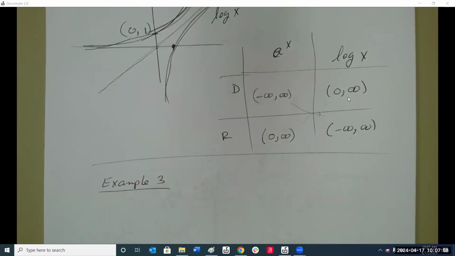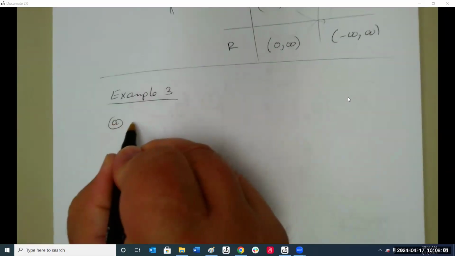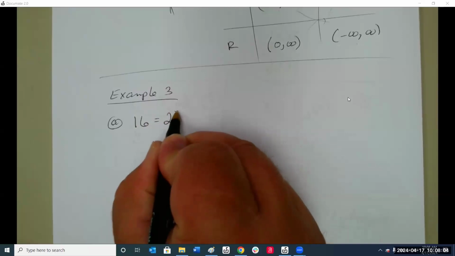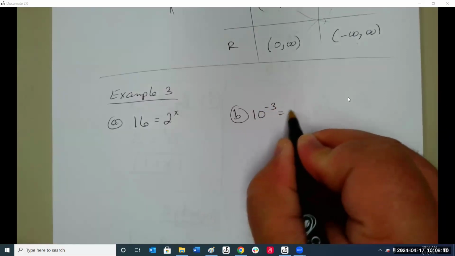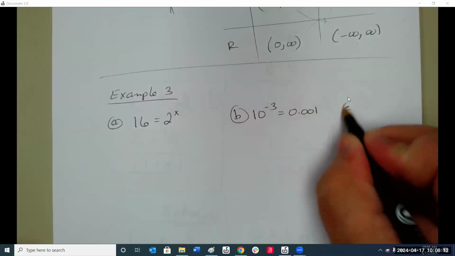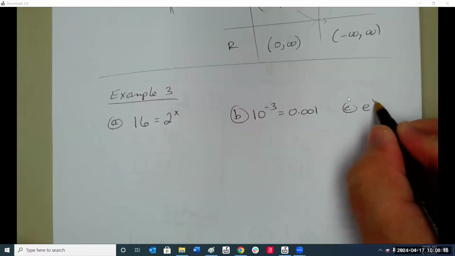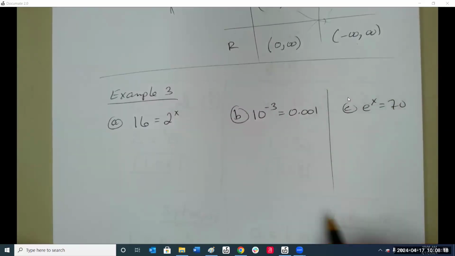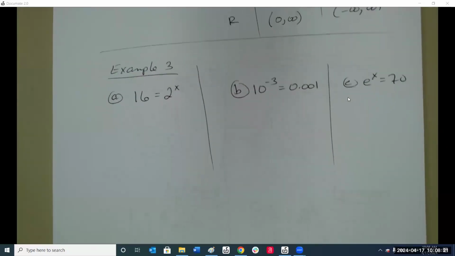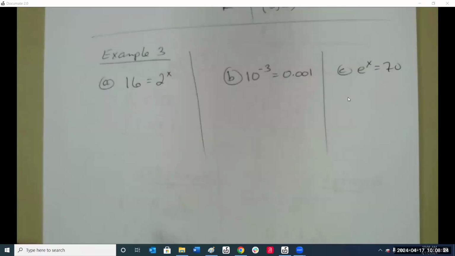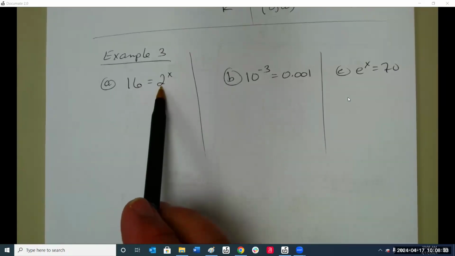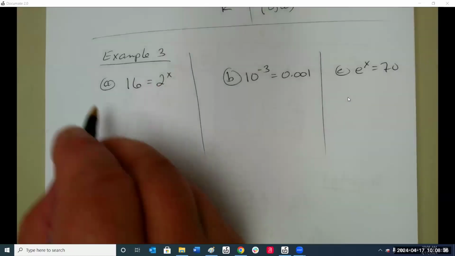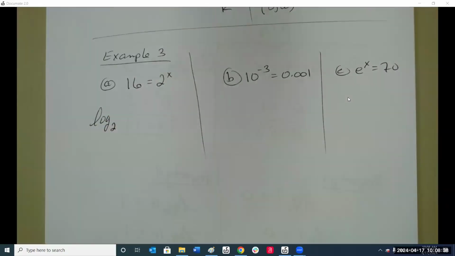Example 3. Convert. If I give you 16 equals 2 to the power x, if I give you 10 to the power -3 equals 0.001, and if I give you e to the x equals 70, convert these to logarithms. You have to flip that. Remember, what does the 2 represent? That's the base. So we're going to have a log base 2.